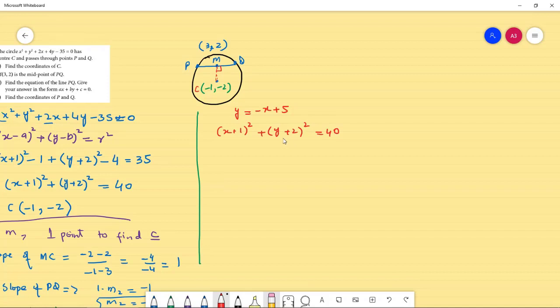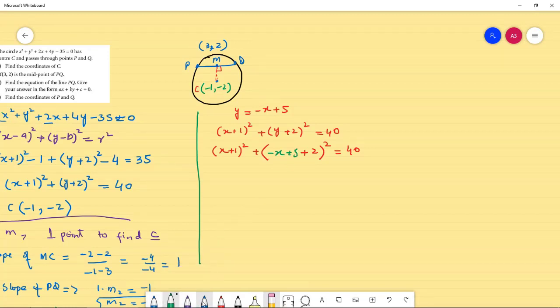Now put this value into this. So (x + 1)² + (-x + 5 + 2)² = 40. So put this value, -x + 5.